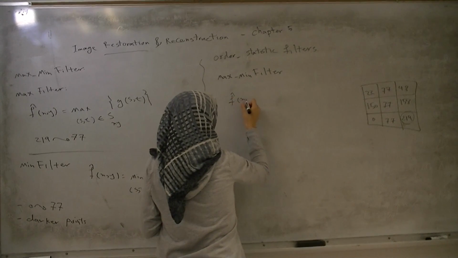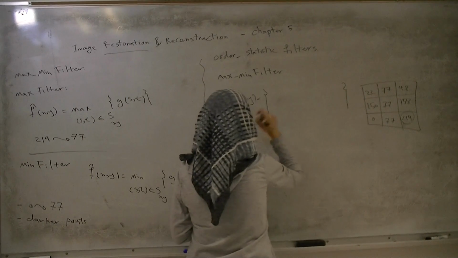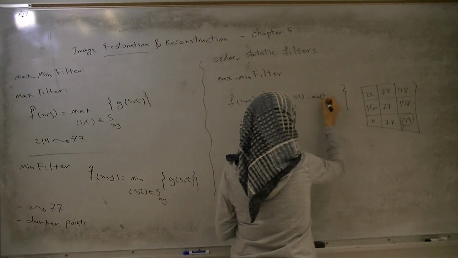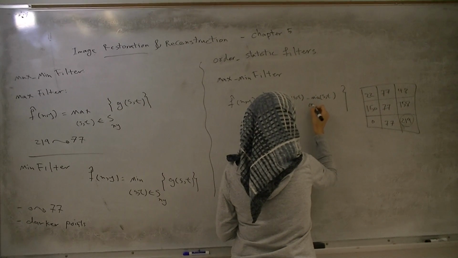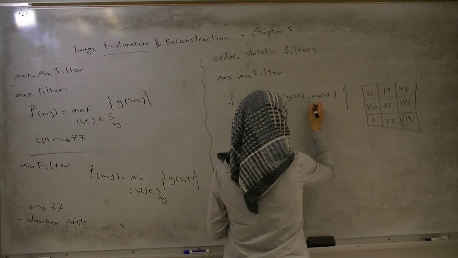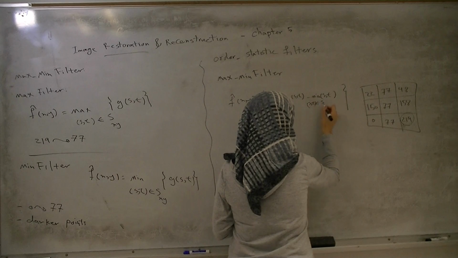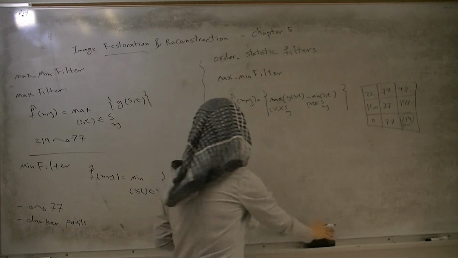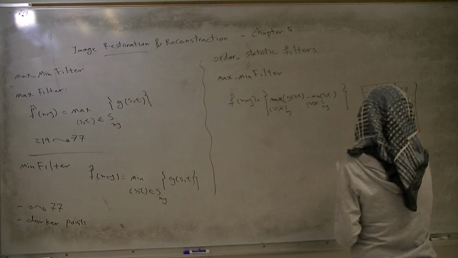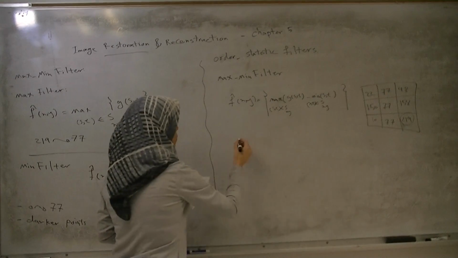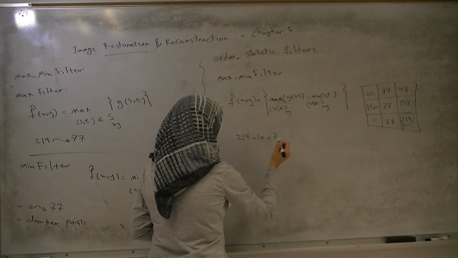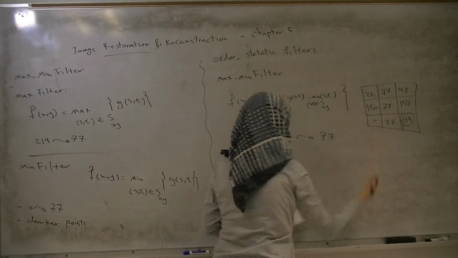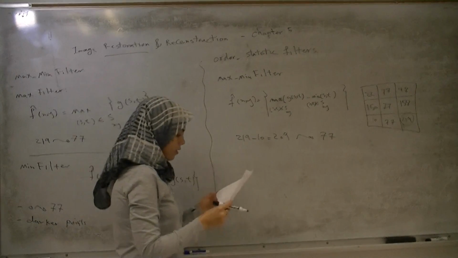So, for example, if here is 10, we have 209, and we should put this one in the center of this sub-image.